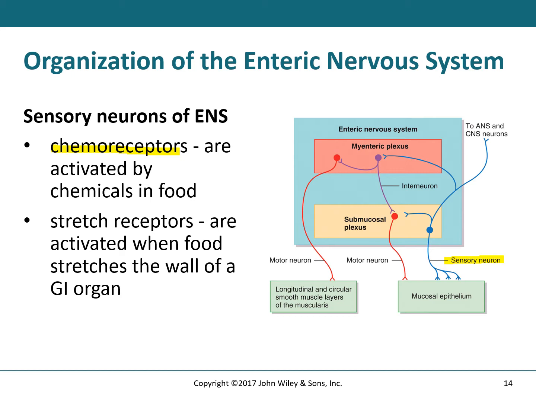And then you're going to have stretch receptors that are going to be activated when food stretches the walls of the GI tract organs. And then this is going to tell the myenteric plexus neurons to send action potentials via motor neurons for contractions of muscles.